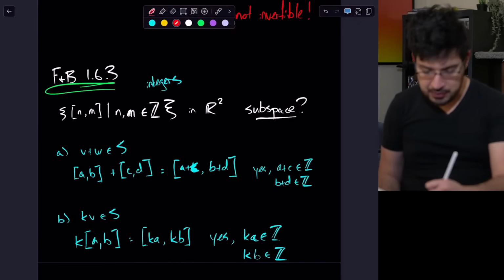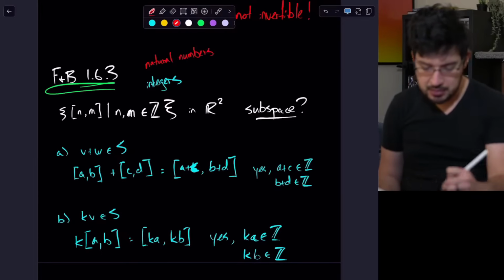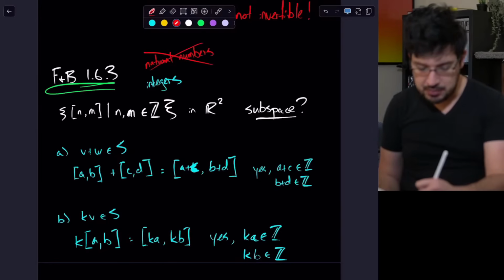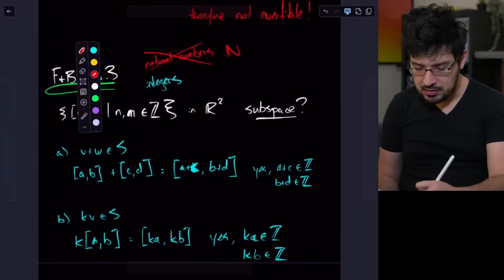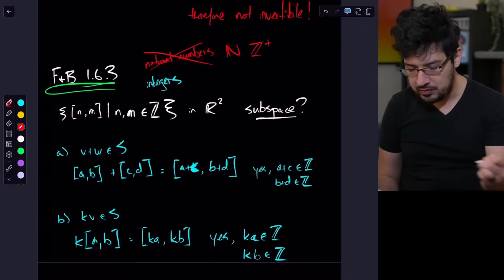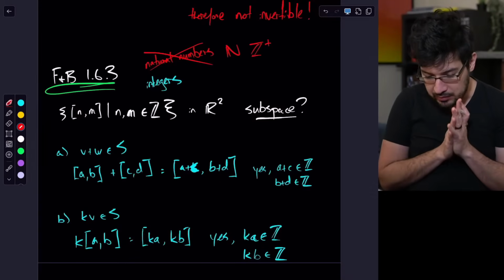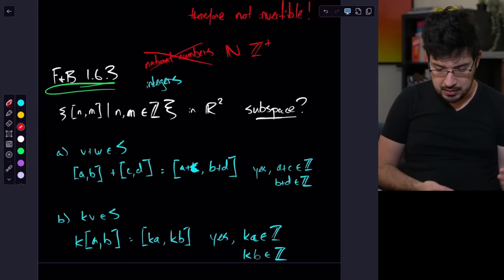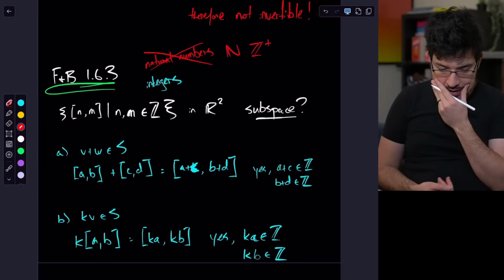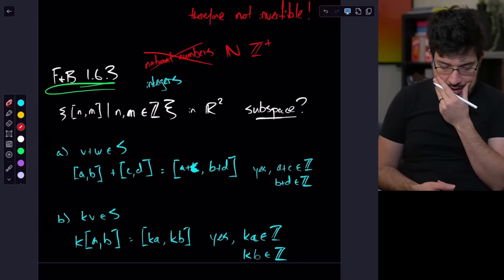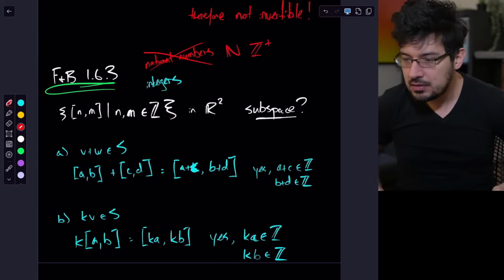But this would not be true if these were the natural numbers or positive natural numbers, the counting numbers. It would not be true if we were working with N, also known as Z plus or something. If we were working with the natural numbers, you can't multiply a natural number by, oh shoot, I take this back. This is not a subspace.